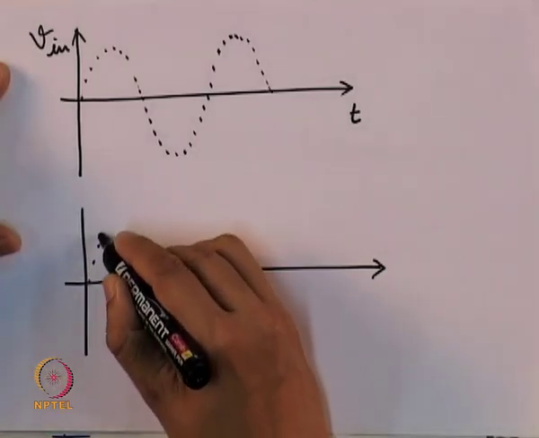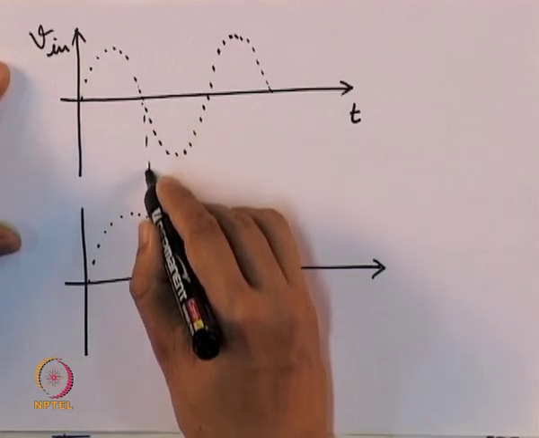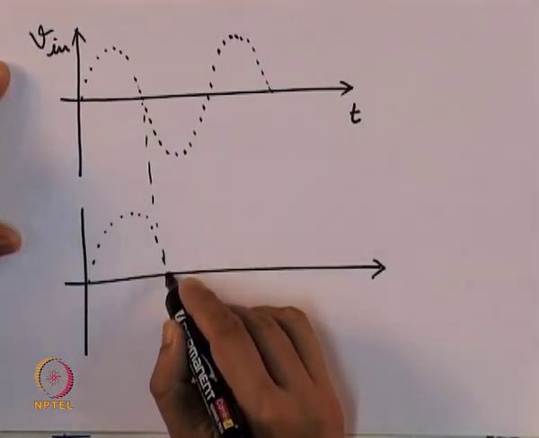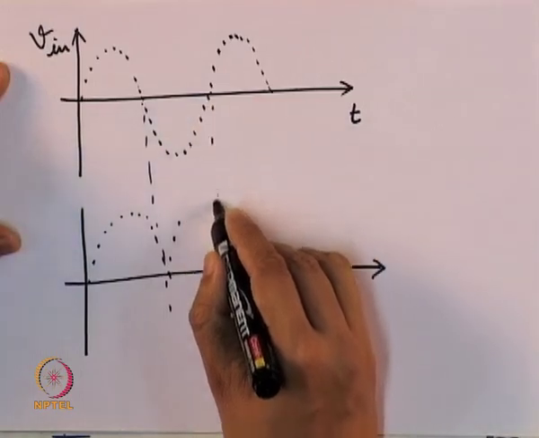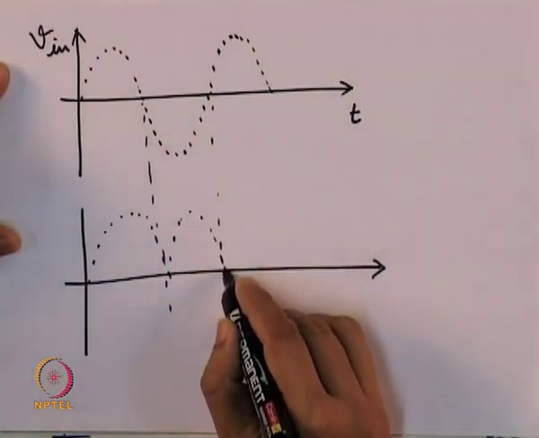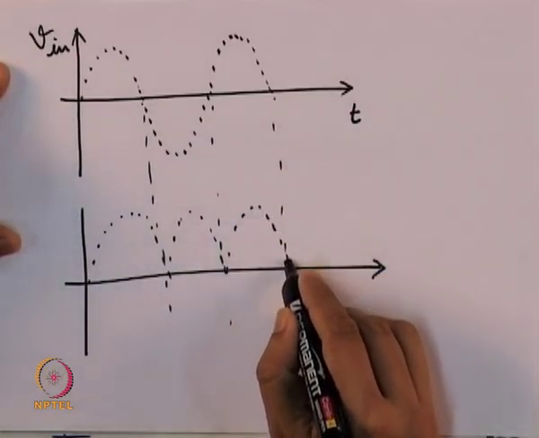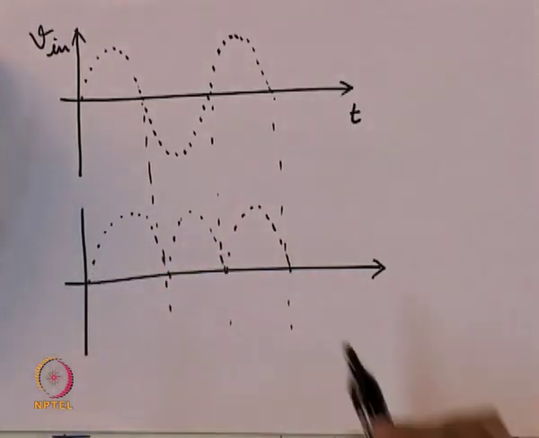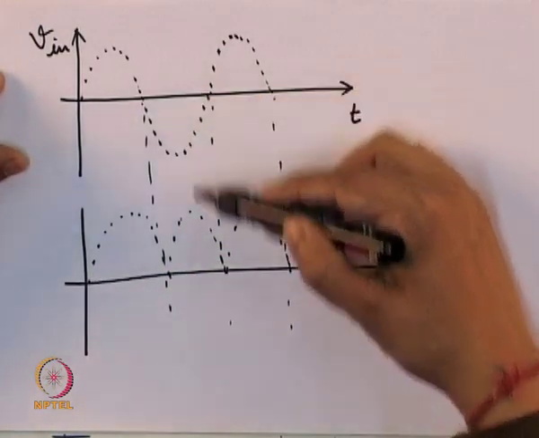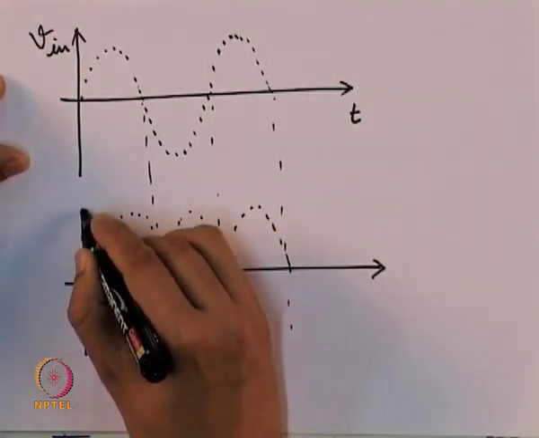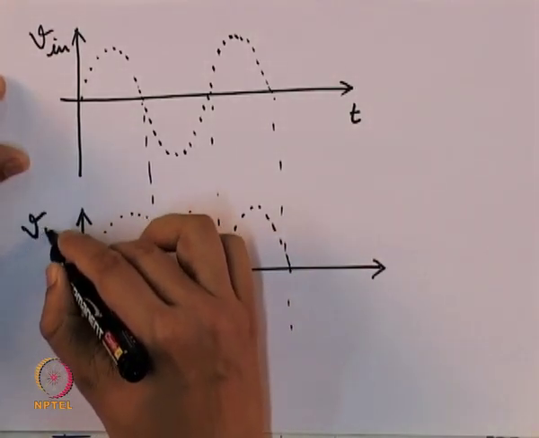After flipping over, we get something like this. You see the negative half cycle here now has become here. So, this is my V out.